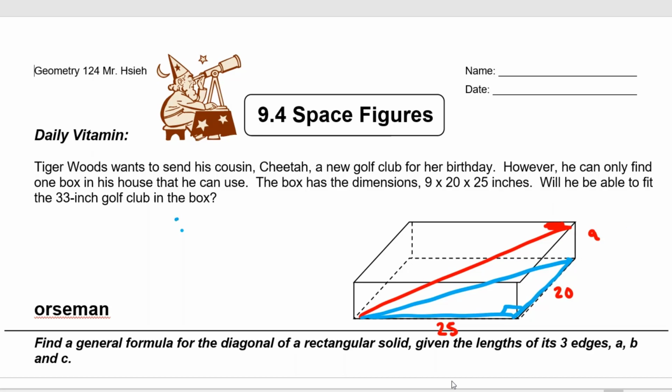So it's going to be 20 squared plus 25 squared is equal to x squared. And so x is going to be equal to 32.016, and I probably should keep a bunch of decimal places after that because I'm in the middle of the problem. So that is going to be this length right there.